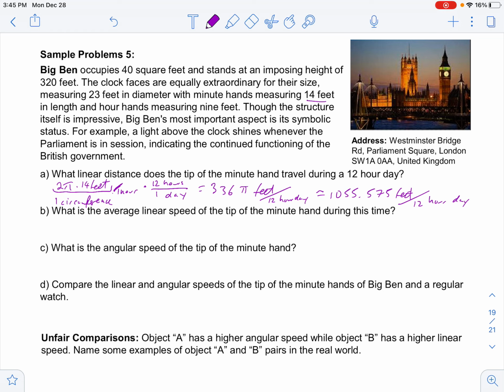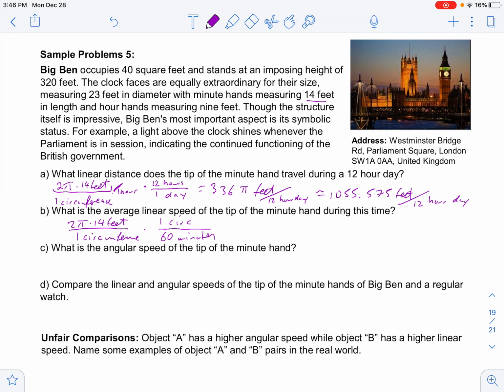Okay. Now, what is the average speed? Well, first of all, what units do you want? So I'm going to figure out a distance, which is again 2 pi times 14 feet. So my 2 pi r divided by, let's go with 60 minutes, because this is per 1 circumference. Let's set it up properly: I'm doing one circumference, one all the way rotation, per 60 minutes.